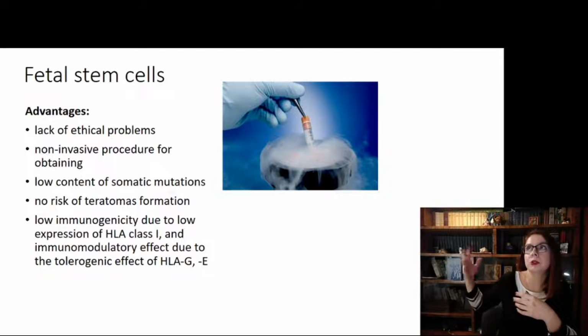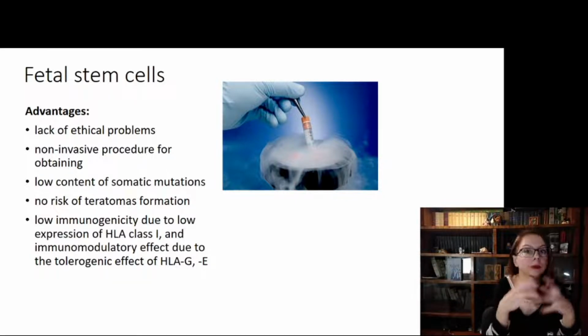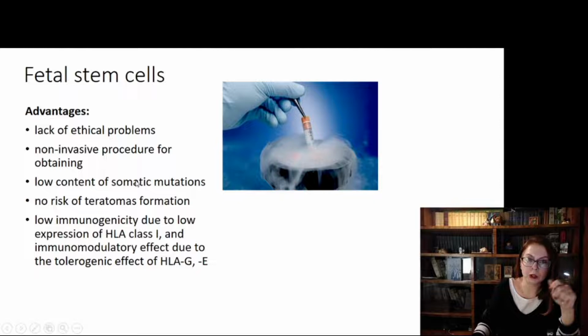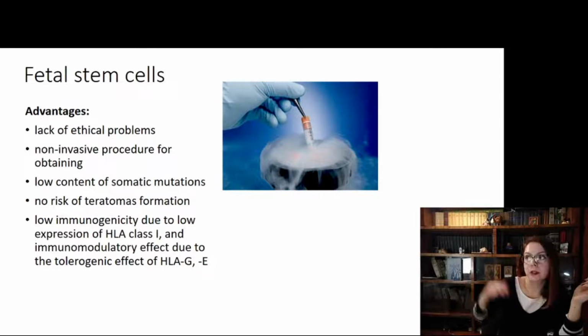For example, if we want to obtain adult stem cells, we need to invade the adult organism. We need to obtain some adipose tissue or hair or other tissues out of the adult organism. So, next, low content of somatic mutations. Obviously, at the moment of birth, we have fewer somatic mutations than at the moment of aging.